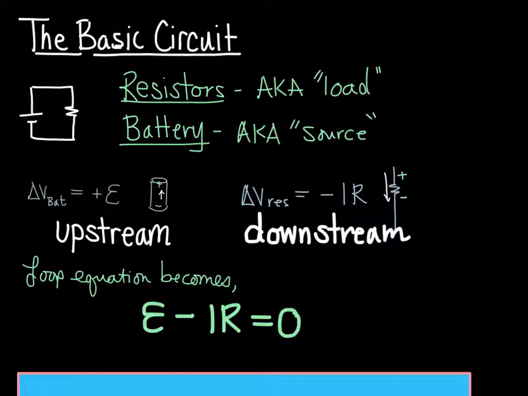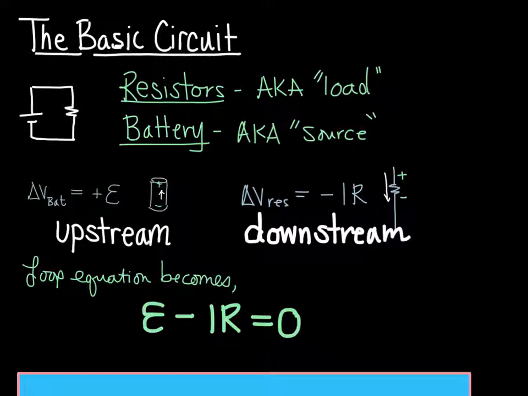So it's moving from a negative to a positive, which means that it's gaining energy, and going from negative to positive is upstream, so the battery's potential difference is positive. This is for an ideal battery, and we'll talk about ideal batteries first, non-ideal batteries a little bit later in this chapter. But for an ideal battery, we'll assume that the potential difference across the battery is the electromotive force, aka emf, and that it's positive.